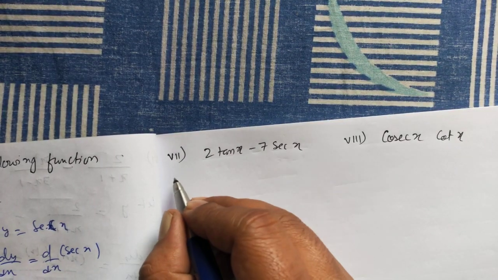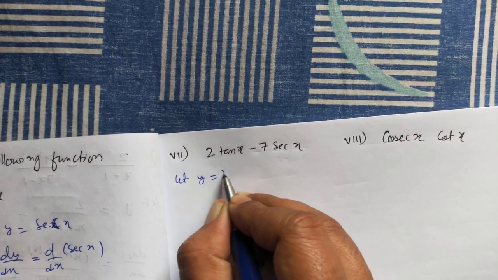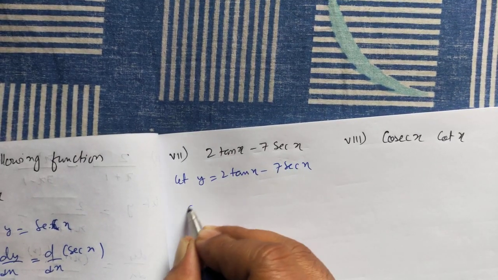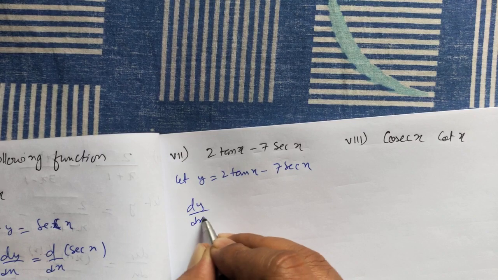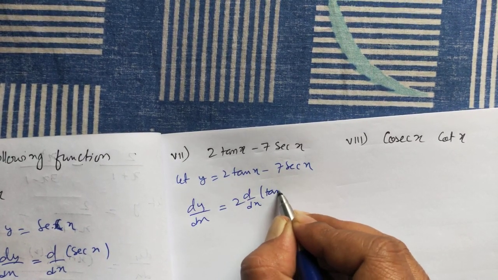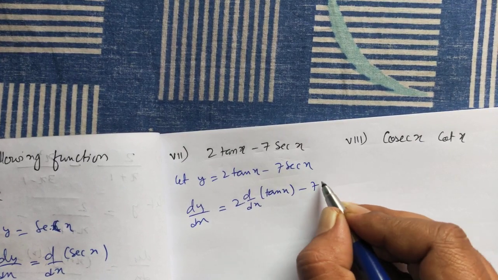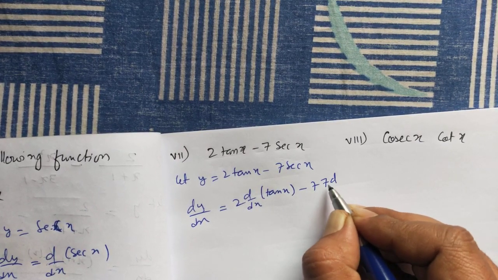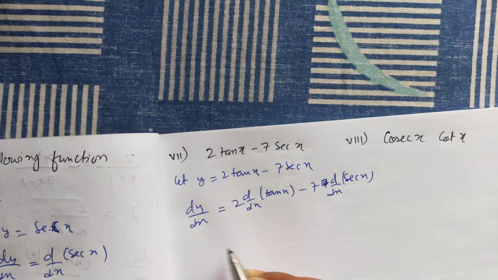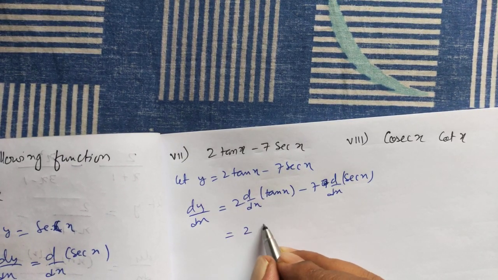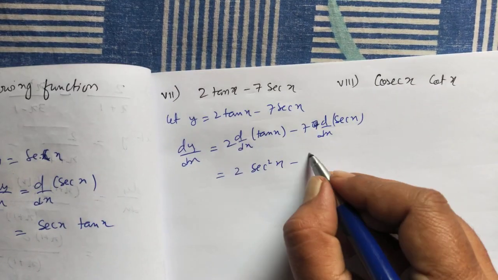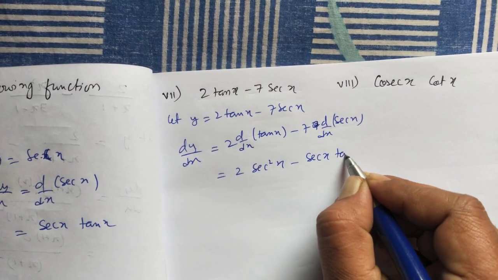Let me do this. We'll derive tan x and sec x. Derivation of tan x is sec square x, and derivation of sec x is sec x tan x.